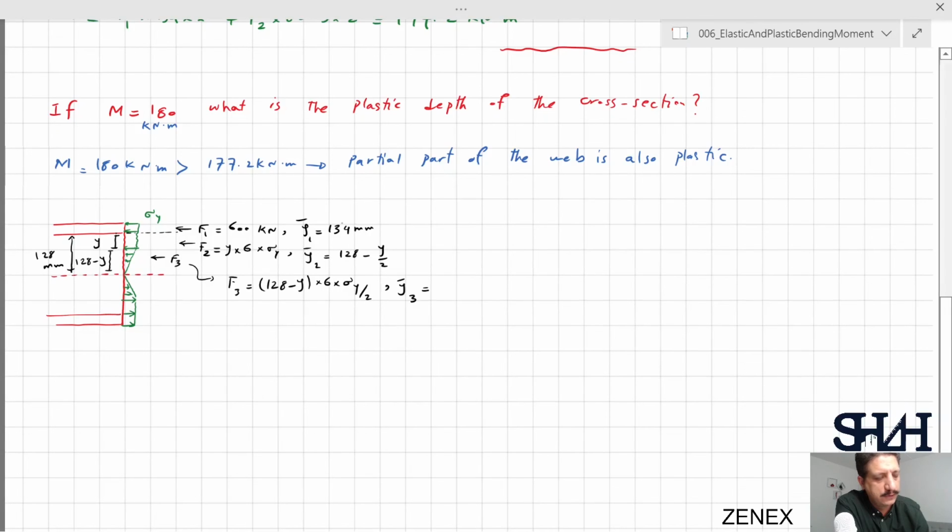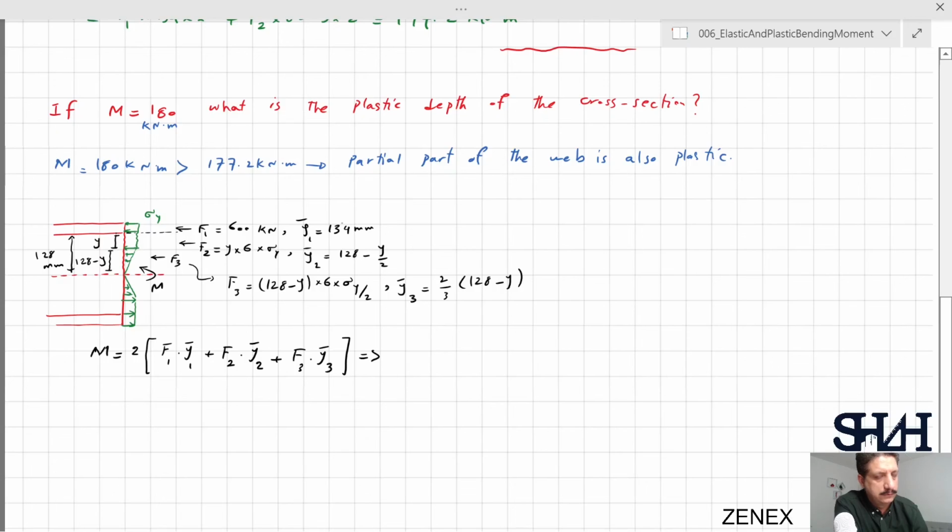And Y bar 3 will be 2/3 of this height. Now we can write the equation for bending moment. Bending moment will be 2 times, because we have the same principle for all of these values, F1 times Y bar 1 plus F2 times Y bar 2 plus F3 times Y bar 3.